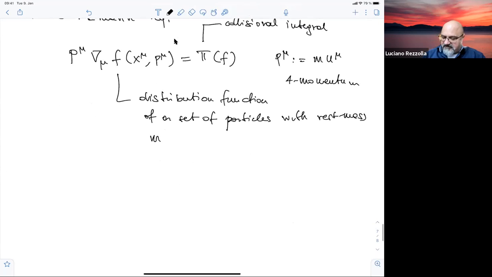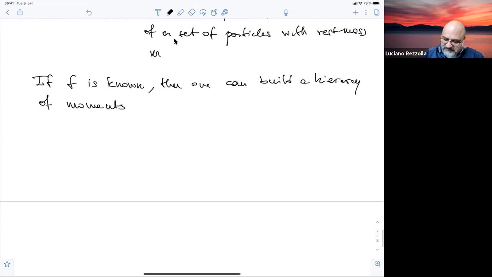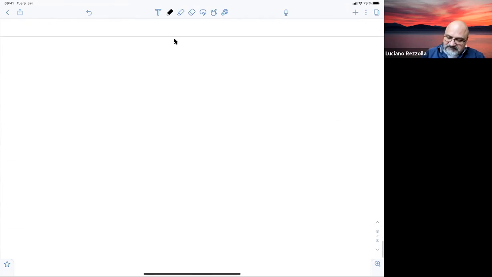So if f is known, then one can build a hierarchy of moments. And in particular, the first two moments are the ones we're interested in.